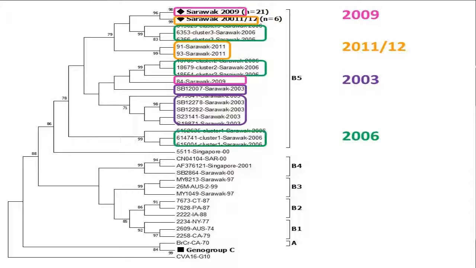So that was interesting. And then in 2009, we saw a separate large cluster or lineage of a B5, different from what we have previously seen. But again, we get this picture, which is part of what interests me for this.